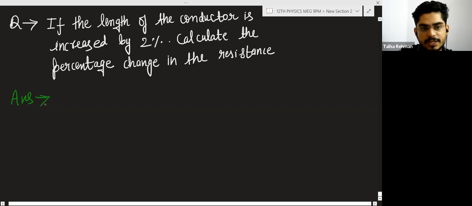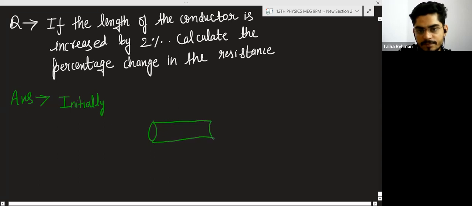So initially, please read the question. Length of the conductor is increased by 2%. So I am supposing we have a conductor.